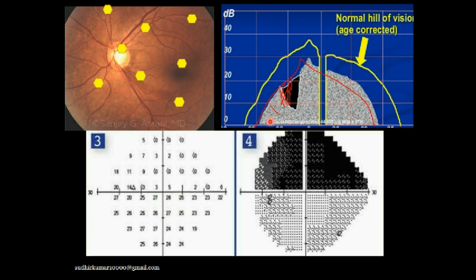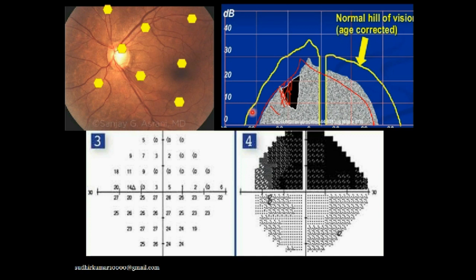This is the hill of vision, that is, a graph plotted according to the sensitivity for that patient. And then this hill of vision is matched with the normative data of the same age normal people.